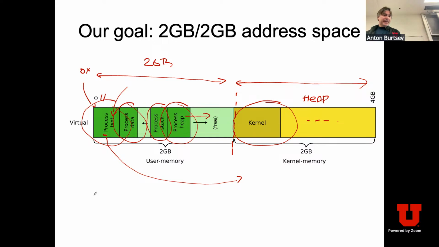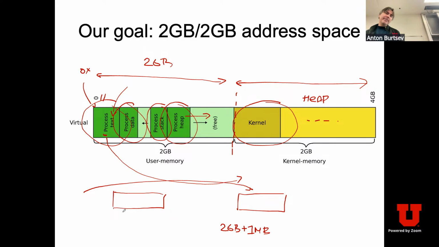However, as we said, instead of loading the kernel into physical memory at the second gigabyte, or more specifically, second gigabyte maybe plus 1 megabyte, we literally just loaded the kernel here at the very first megabyte. So if this is our physical memory starting from 0, we loaded it right here, right? Why can't we load it exactly at the second gigabyte?